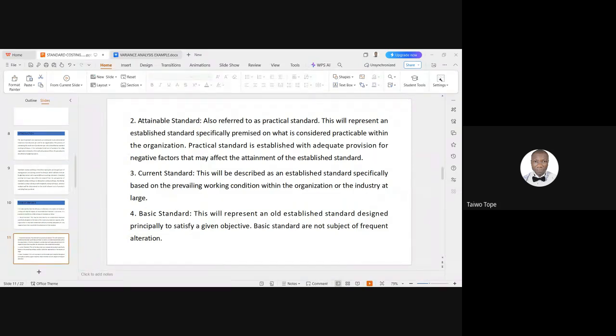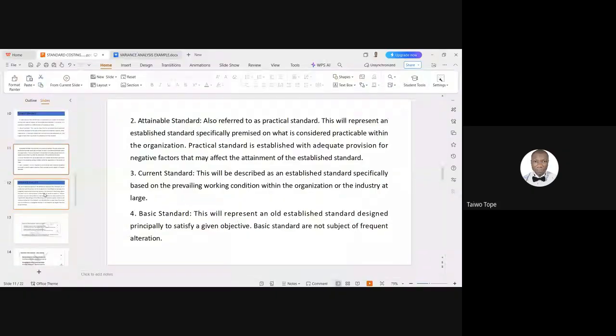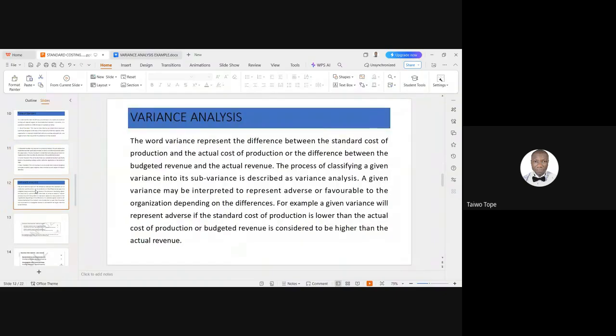Relationship between standard costing and variance. Standard costing, the fact that they are a set of standards, means actual results will always be compared with the standard that has been set. And that is where the issue of variance will set in.